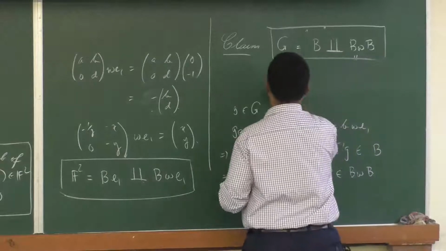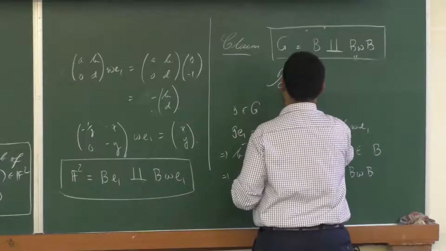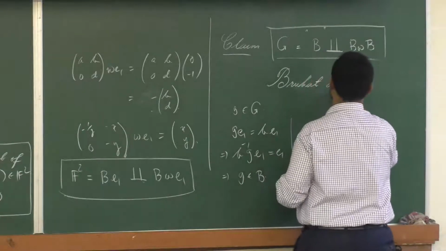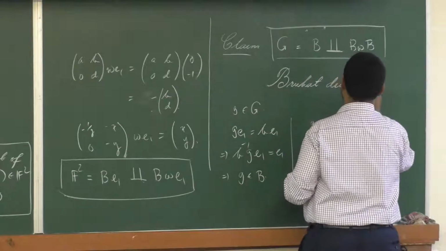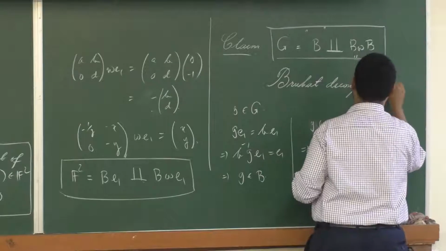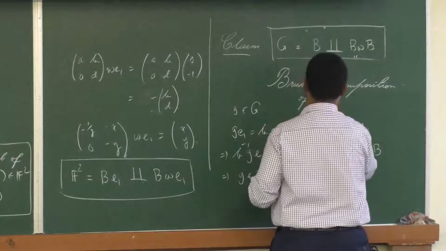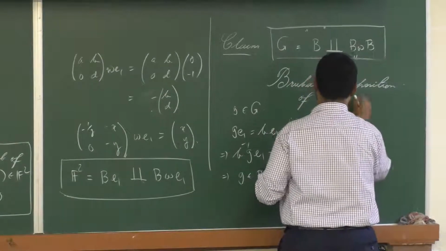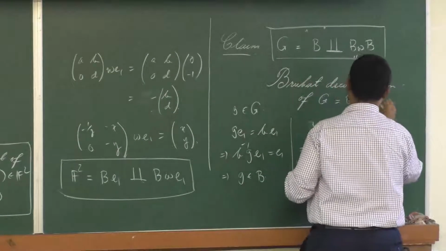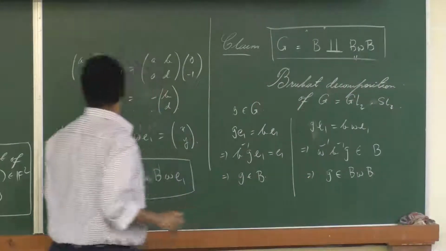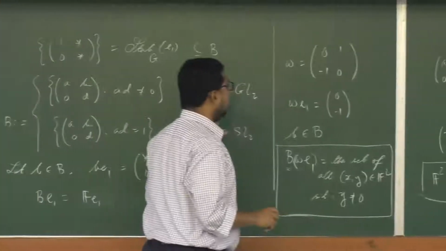I will show an immediate corollary for that. Bruhat decomposition of G, where G is either GL2 or SL2. So this W is the same for both of them.